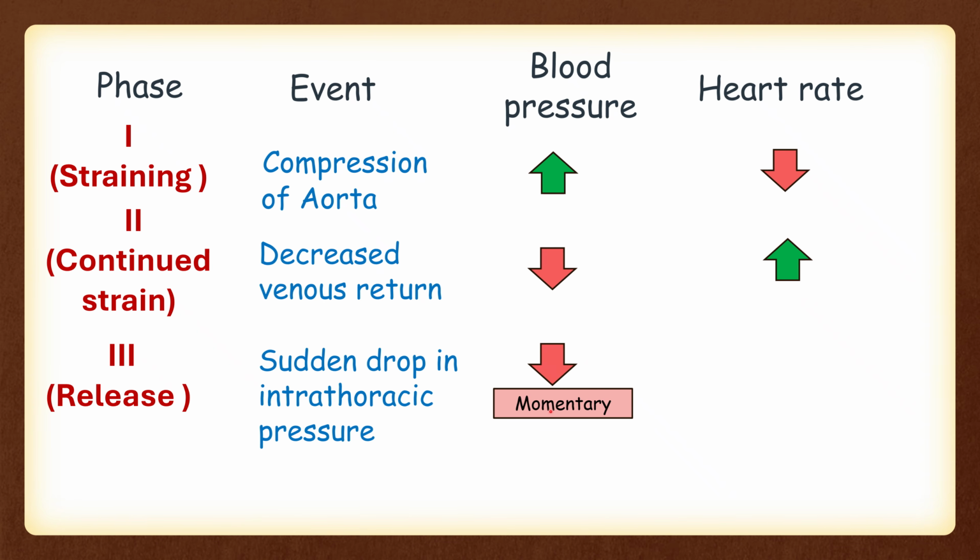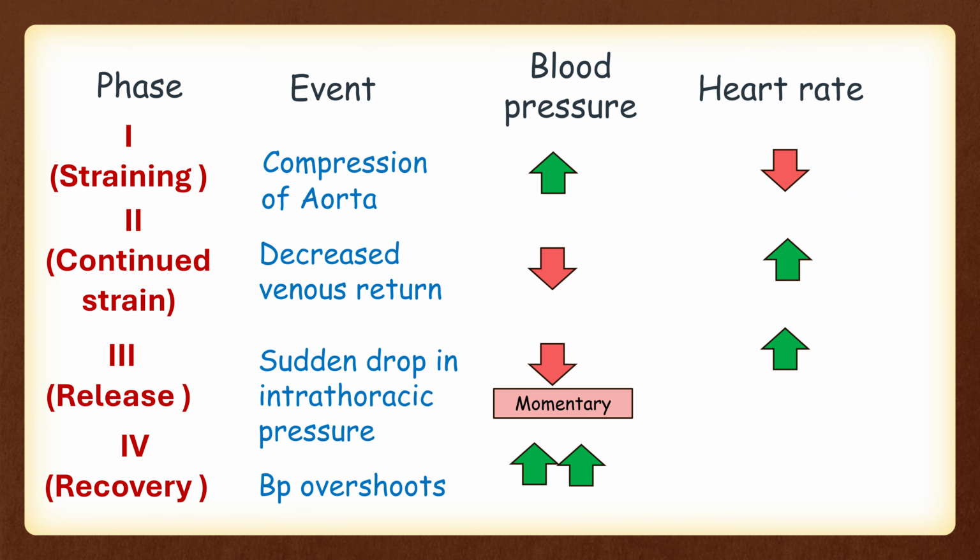This causes a momentary fall in the BP, which is compensated by reflex tachycardia, followed by the recovery phase. In the recovery phase, there will be further increase in the venous return. Because of this, the BP is going to overshoot, and the heart rate is going to decrease.